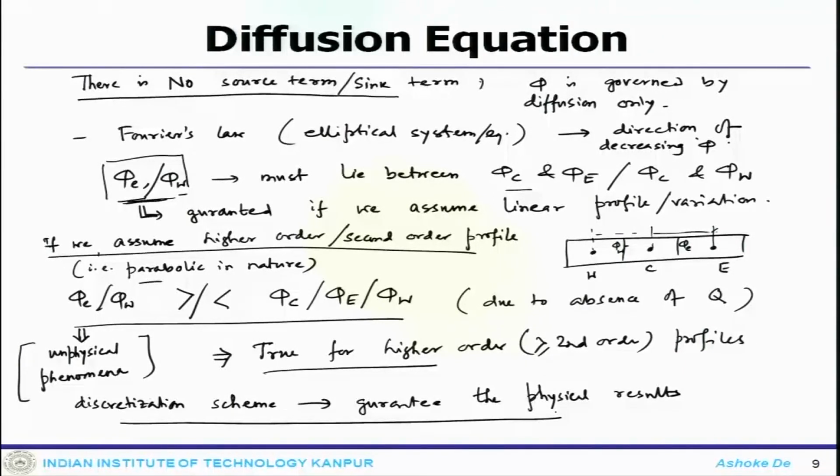Now, on top of that, the importance of this profile variation, which is linear for this particular discretization, will become less important as we keep on refining our mesh size. That means, as your grid spacing is getting reduced, so that the distance between these centroids is getting reduced, then the linear variation will not make any significant impact on the results.